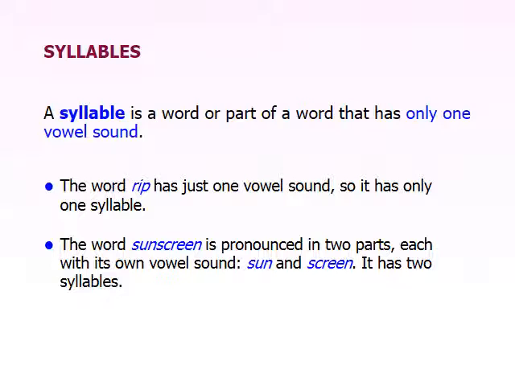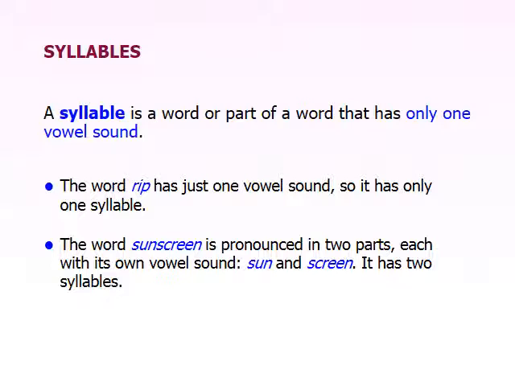Basically, a syllable is a part of a word that has only one vowel sound. And it's important for us to say vowel sound rather than vowel, because we know already that sometimes there are 2 vowels that only make one vowel sound.